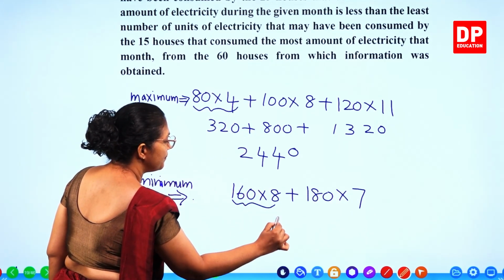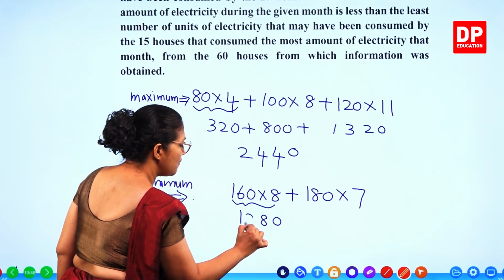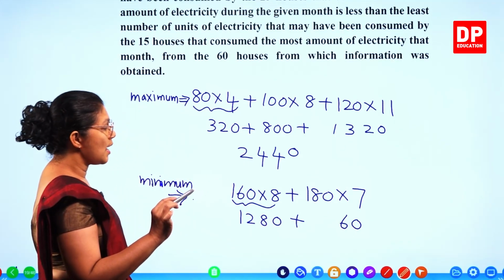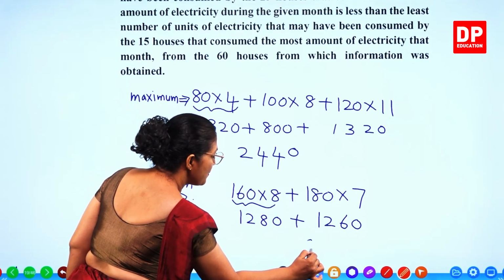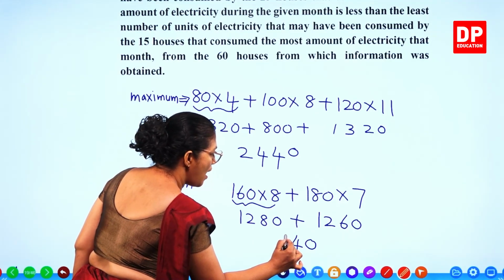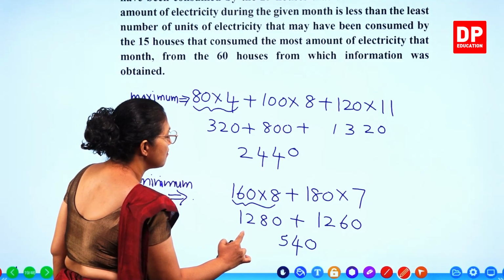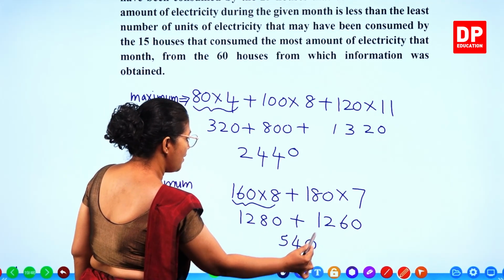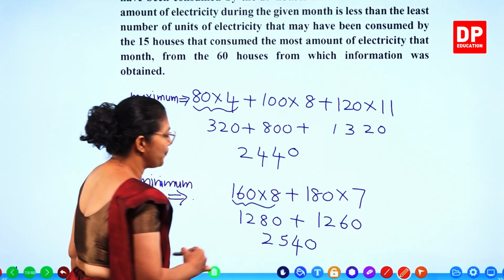So multiply 0, 48, 4 remaining, 8 times 1, 8 plus 4, 12. And here 0, 7 times 8, 56, 5 remaining, 7 times 1, 7 plus 5, 12. Now add those two, 0, 8 plus 6, 14, 1 remaining, 2 and 2, 5 and 1 and 1, 2.